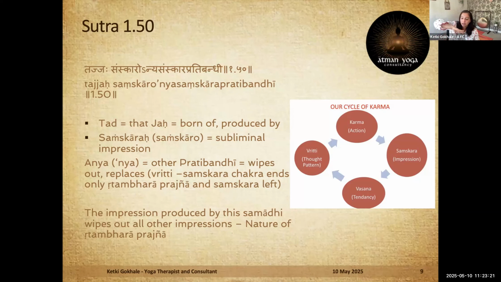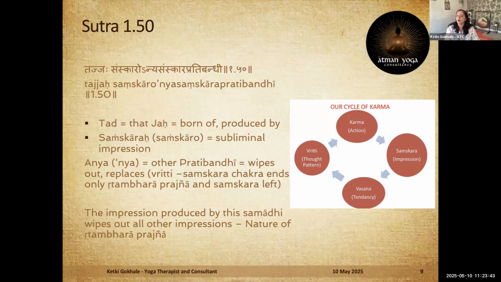Because of that, all other samskaras are wiped out. The samskara produced by this samadhi wipes out all other impressions. And that is the nature of Ritambhara Prajna.